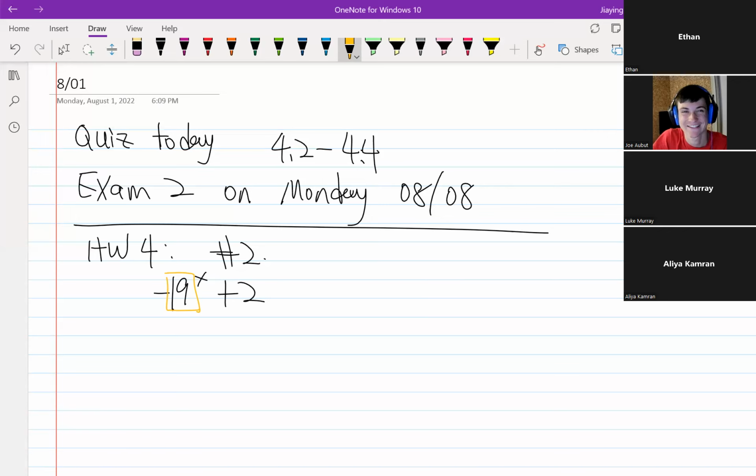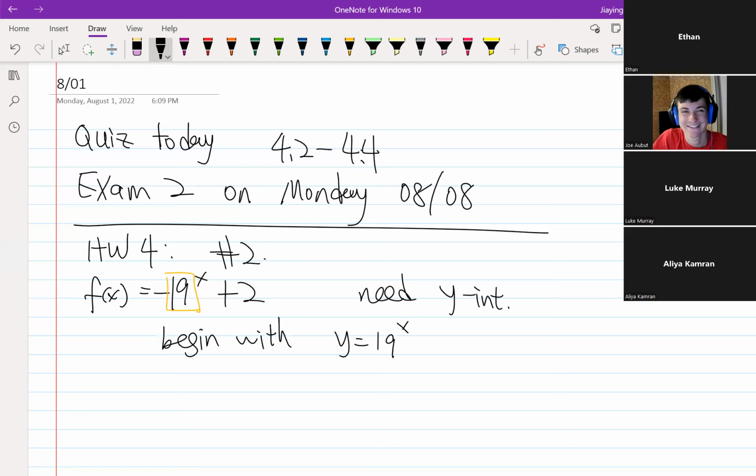So this is the function f of x, and we need to find the y-intercept. If we forget about the +2 and the negative and just begin with f of x equals 19 to the x, so y equals 19 to the x.